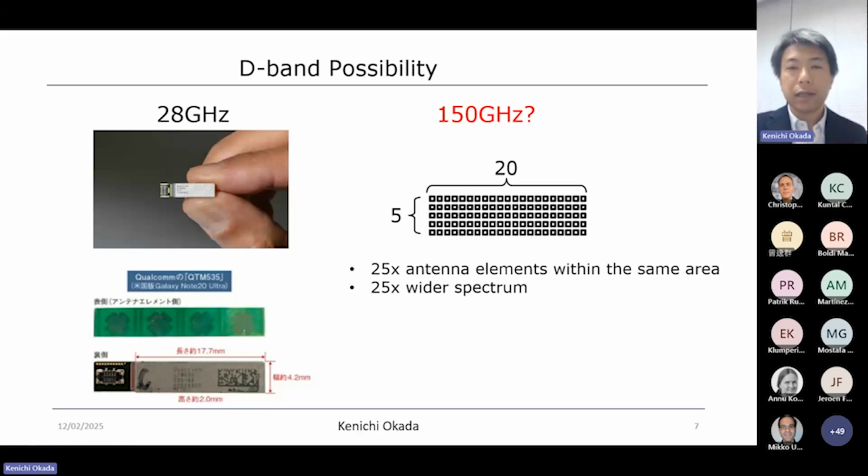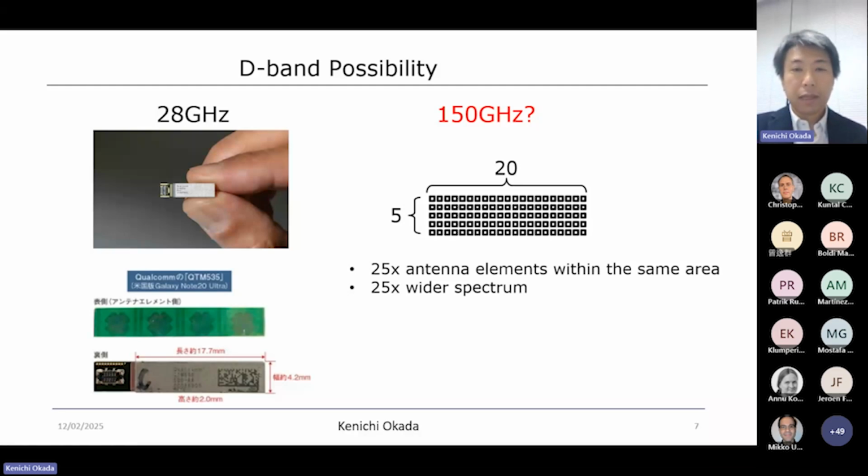In that case, if we have the same aperture size, 5 by 20 millimeter, we can place 5 by 5 times larger number of antennas. Even using the same aperture size, we can have like 100 elements, in the same area. At the same time, 150 gigahertz has a very wide frequency bandwidth, roughly 25 times wider spectrum can be used.